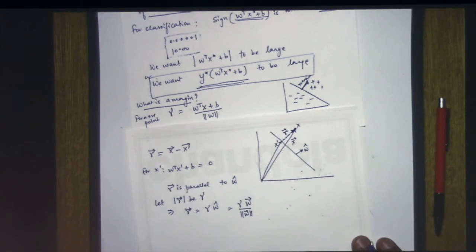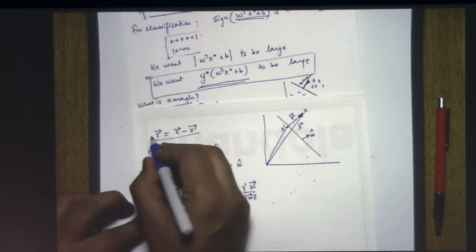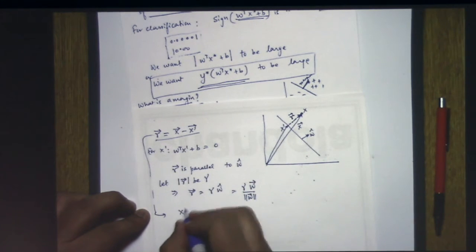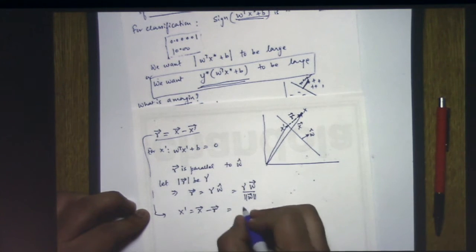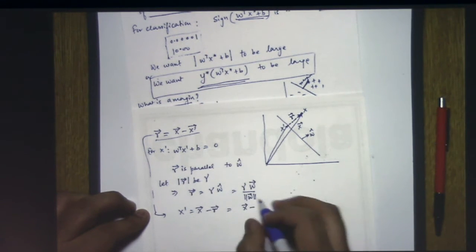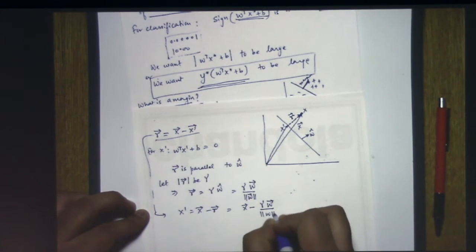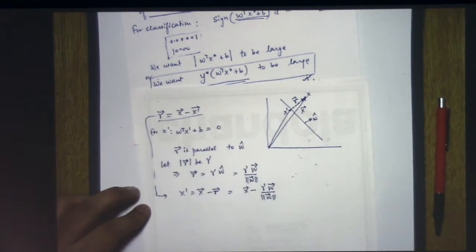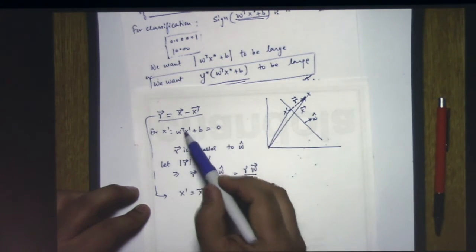Then we can say that X prime is X minus R, which is equal to X minus this. And then what I'm going to do is replace X prime here with this value.